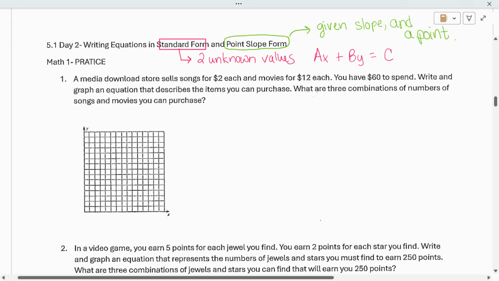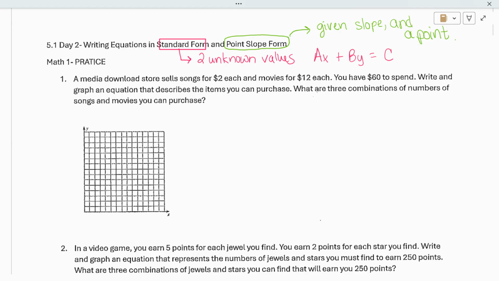Sometimes you'll be given two ordered pairs and you have to calculate the slope from those two ordered pairs, just like we did in examples 9 and 10 from our homework yesterday, okay? And then you just choose which point you want to use. It doesn't matter ever. When you are writing an equation in point slope form and you're given 2 points, it doesn't matter which point you use. They're both going to produce the same equation, okay?